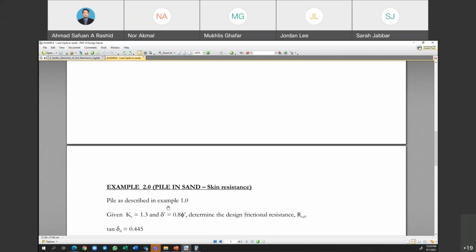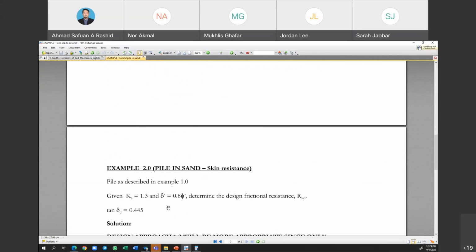So for the skin resistance, given Ks is equal to 1.3, then the friction between pile and soil is 0.8 phi. Determine the design frictional resistance Rsd.